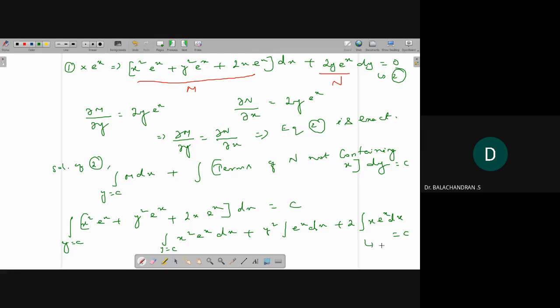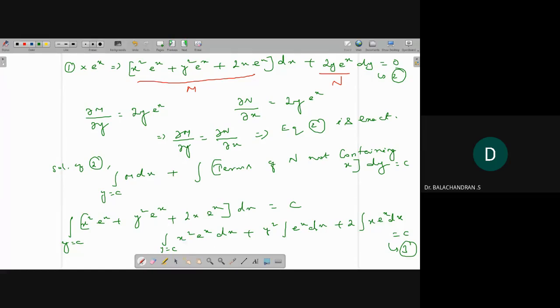I call this equation number 3. So the second integral you can easily get, even the third integral you can get. The only thing is the first integral.